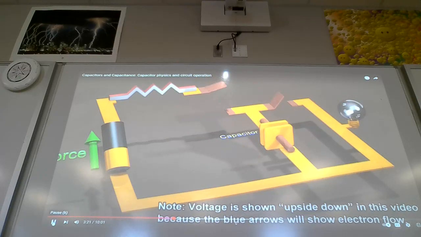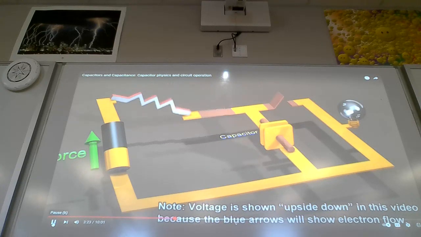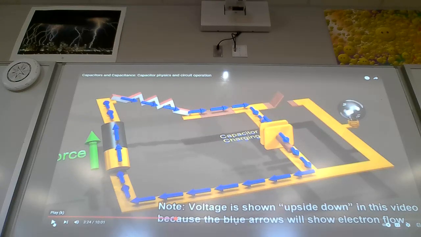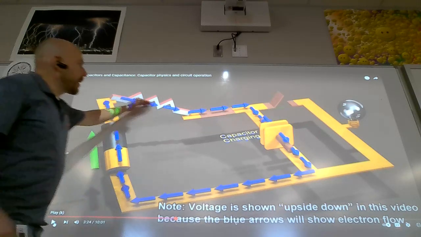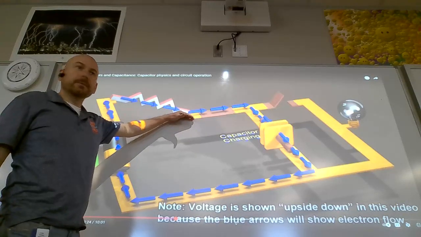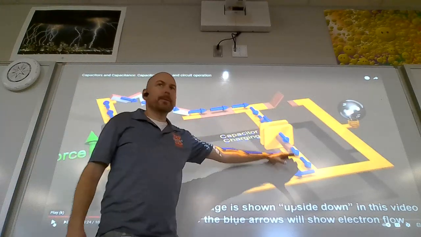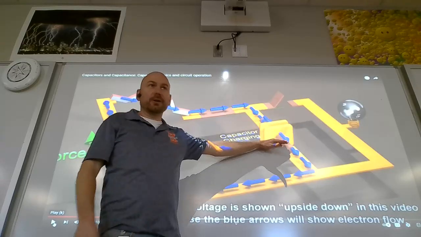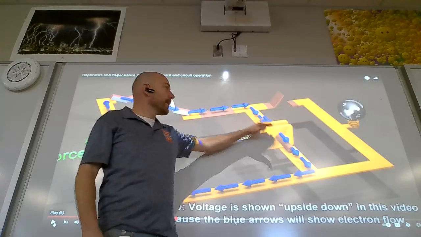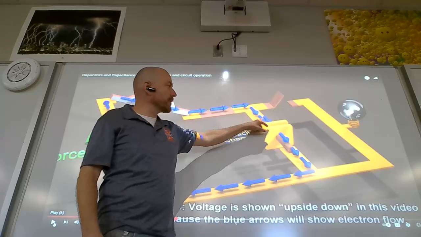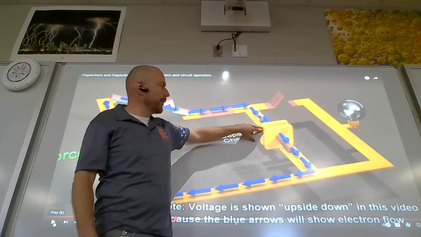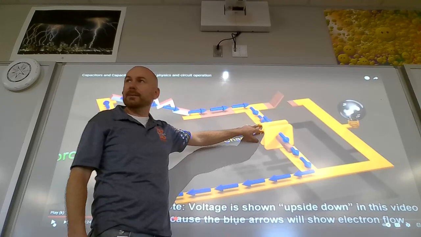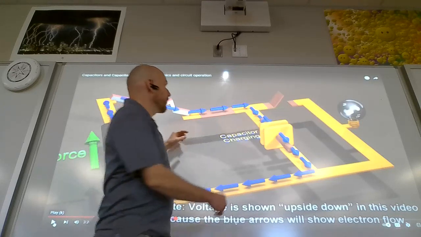Okay, so when it connects here, we have a voltage drop across the resistor. There's no voltage drop across the capacitor yet because it's not charged. But as this becomes charged, a voltage builds across that. Okay, so watch what happens.